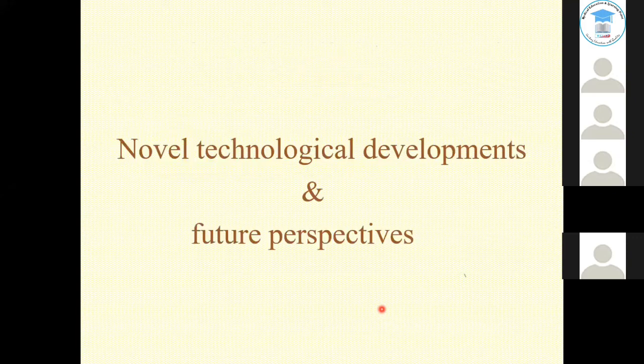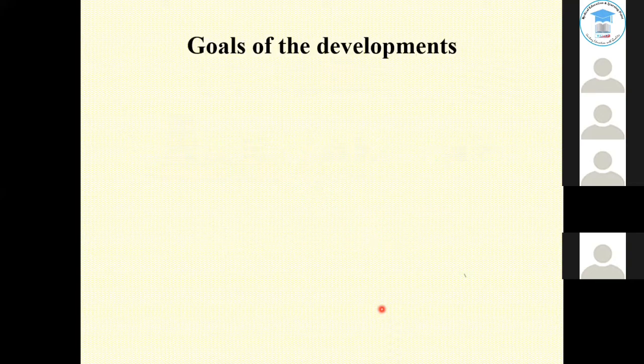So this was about what we have been using over the years and more recently over the last 2 years. Now I take you through the future perspectives before we move on to the quality management system. So what are the goals of development of newer technologies in POC?